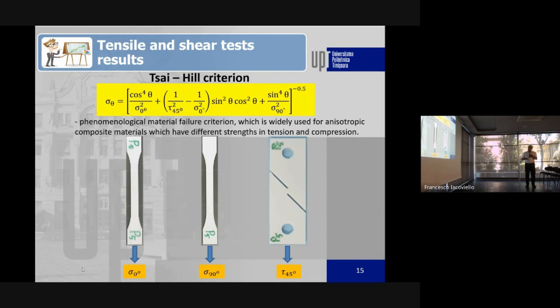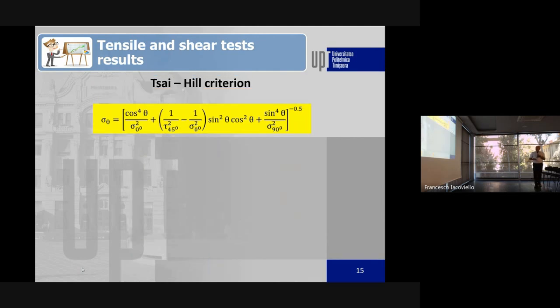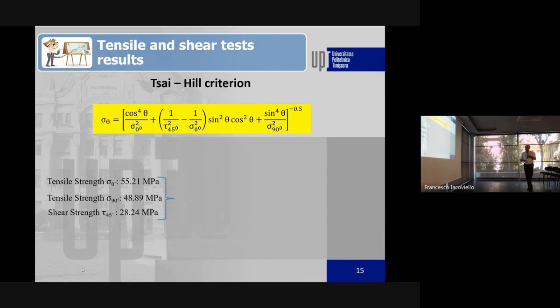We considered the tensile strength at 0 degrees, the tensile strength at 90 degrees, and the shear strength at 45 degrees. With these results, we try to predict the tensile strength at 45 degrees.